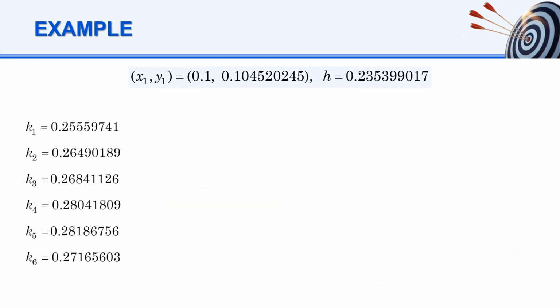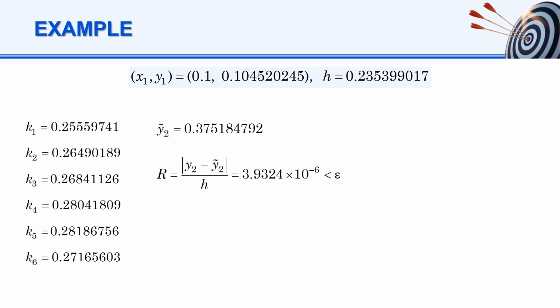We start with the first step values, x1 equals 0.1, y1 equals 0.1045, 2245, and the new step size of 0.235,399. We compute the Ks, and then the current step estimate with the RK4 scheme is found to be 0.375,184,792.